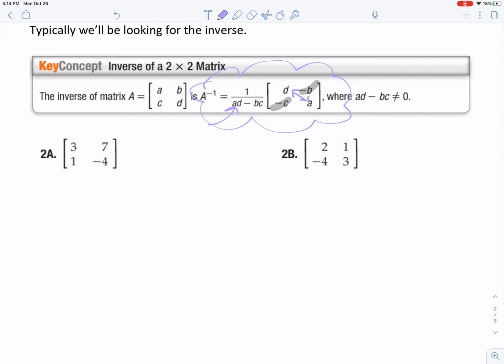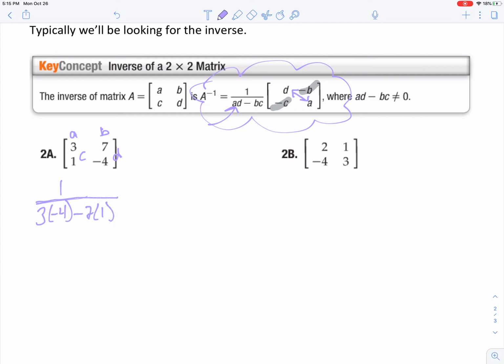Let's do an example. Every matrix, what we're basically going to do is label it A, B, C, D. So matrix A, what I want to do is 1 over A is 3 times D, which is -4, minus 7 times 1.